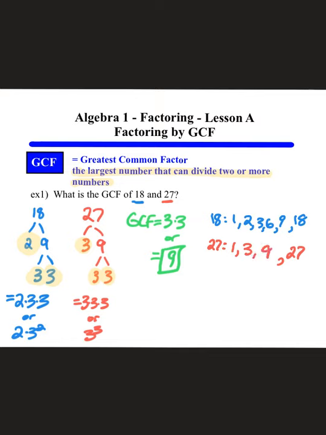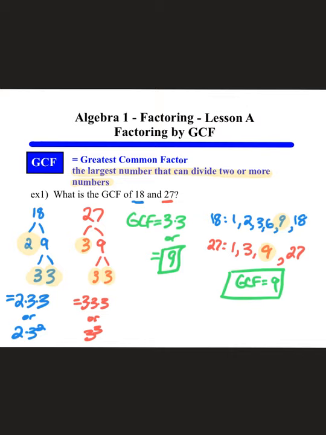What I then look for is the largest common factor between both of our lists, which in this case happens to be 9. So again, this is yet another way that you can find the GCF between two numbers, either using a factor tree like we did over here, or by listing out the factors like we did here.